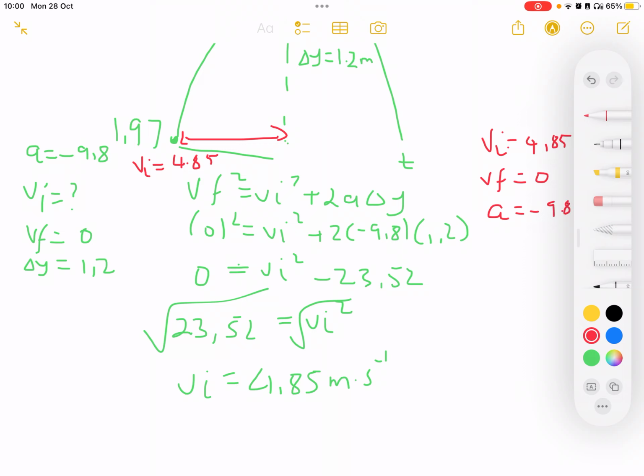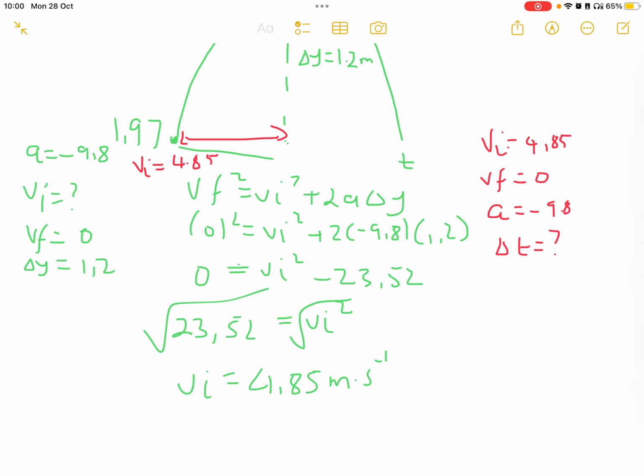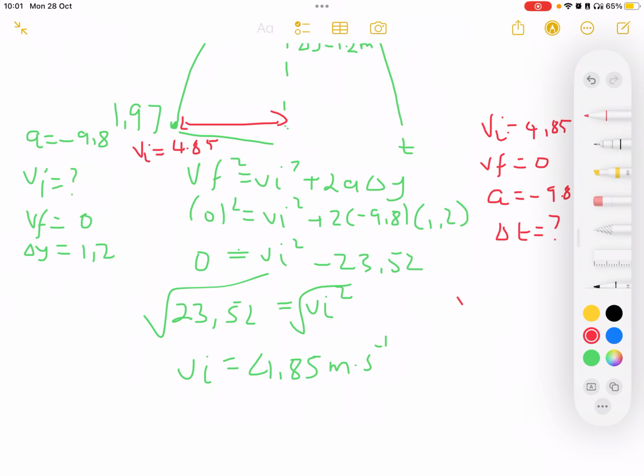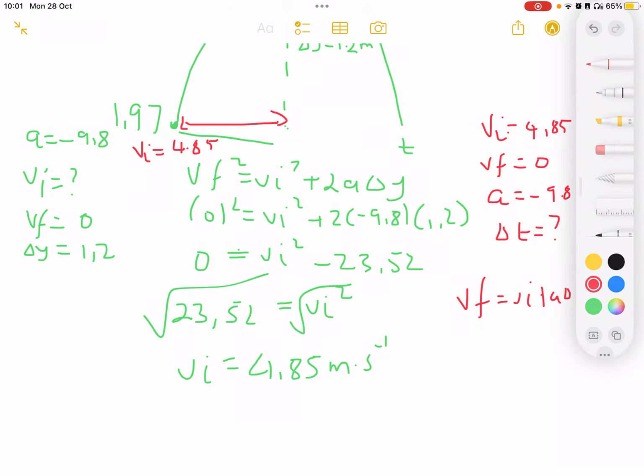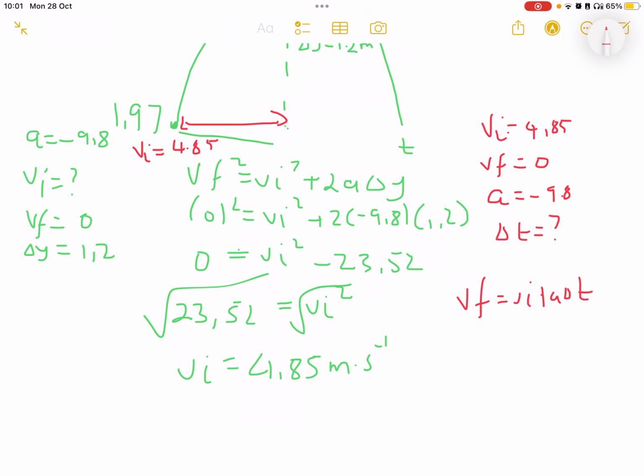And then we're looking for the time it took for it to move. So we can go to the famous, easy equation, the first one: Vf is equal to Vi plus a delta t. 0 is equal to 4.85 plus minus 9.8 delta t.